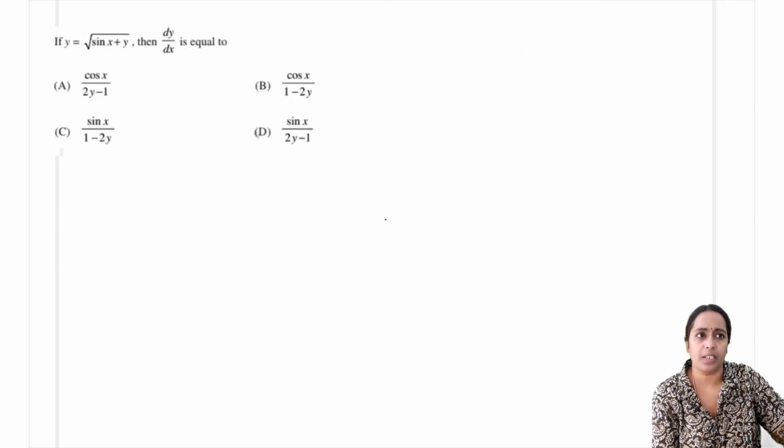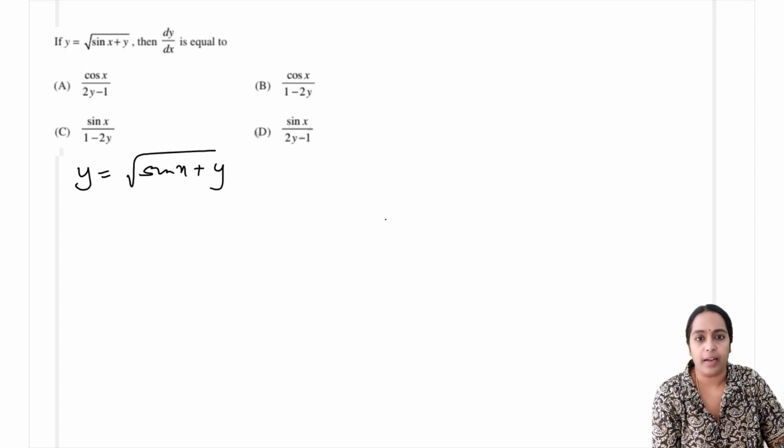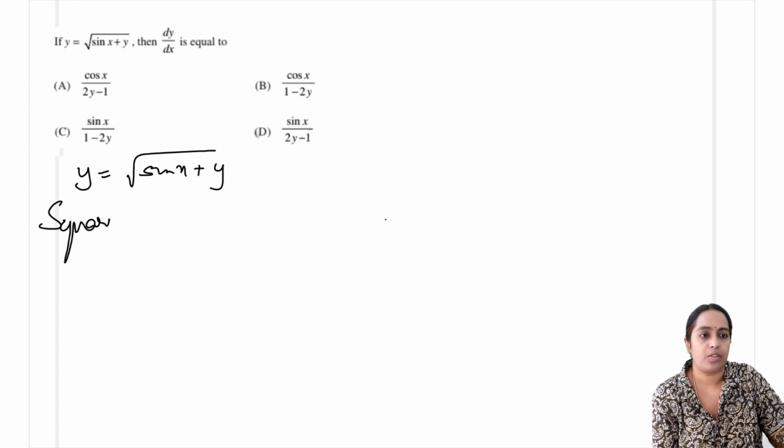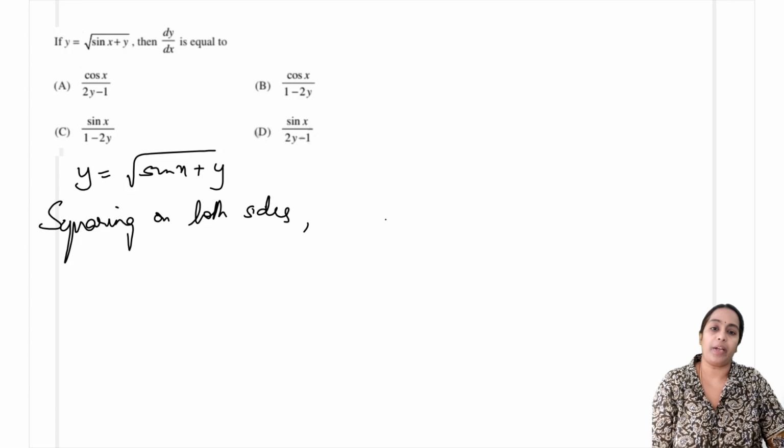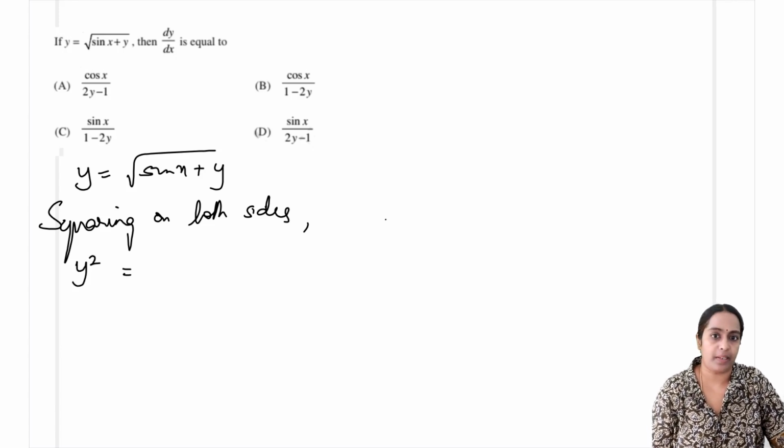The question says y equals square root of (sin x plus y). And I have to find dy by dx for this. The easy way to do it is squaring on both sides. When I do the squaring on both sides, y will be y square, and on the right hand side, the square root and the square will get cancelled.